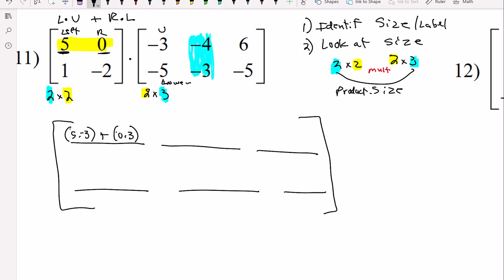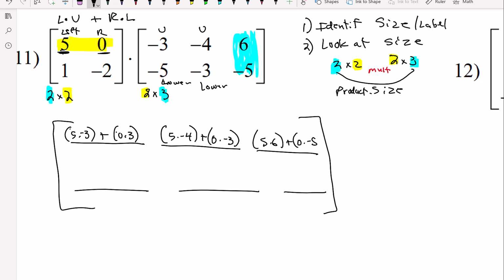All right, now we're going to do that again. So it's the left times the upper. So 5 times -4 plus 0 times -3. Then we're going to do that a third time. 5 times 6 plus 0 times -5.